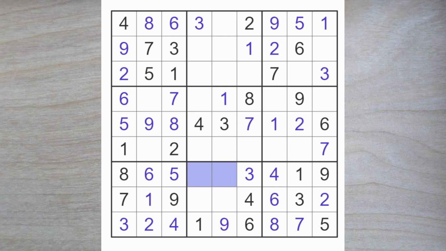These now must be a 7 and a 2. And we can solve those because this 7 blocks across. So does this. Here's a 7, giving me a 7 here and a 2 here. Choose block across. Here's a 2.